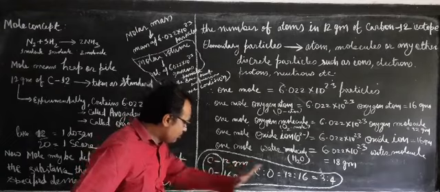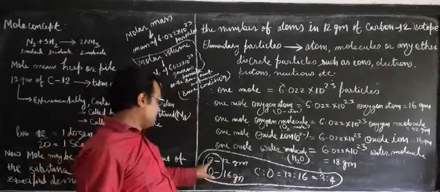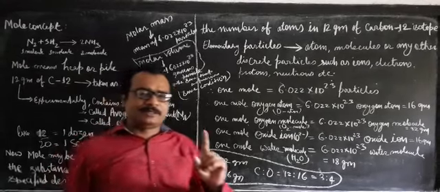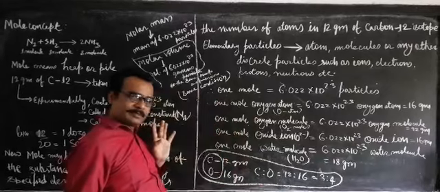Now take the 24 gram and 32 gram and count the number of particles in carbon as well as in oxygen. And you will find the same number of particles available in it.